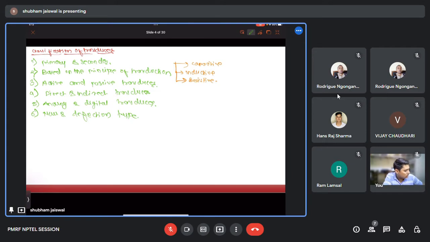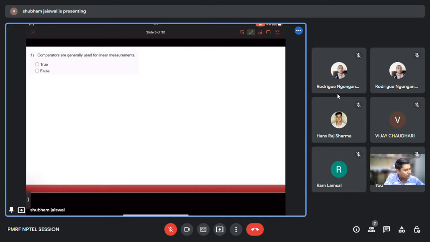Coming to our first question: the comparators are generally used for linear measurement. Is that true or false? It's true.